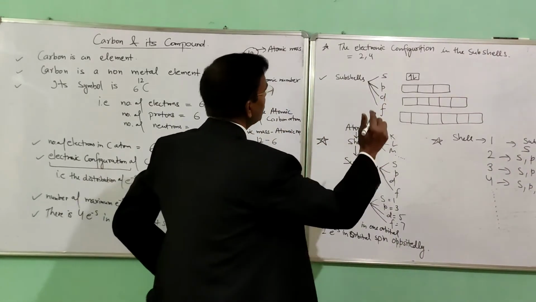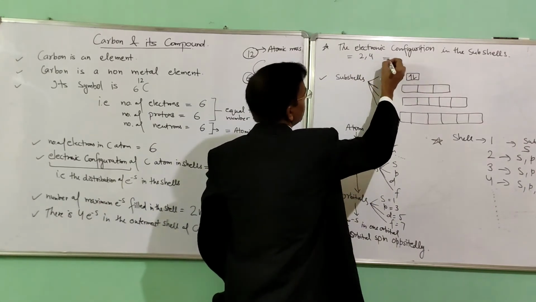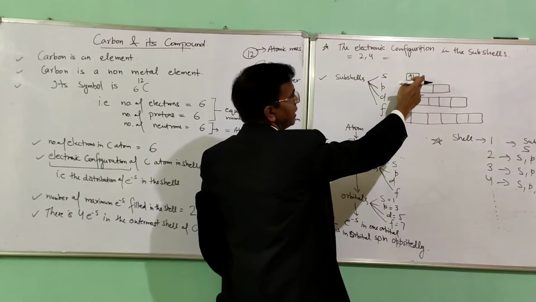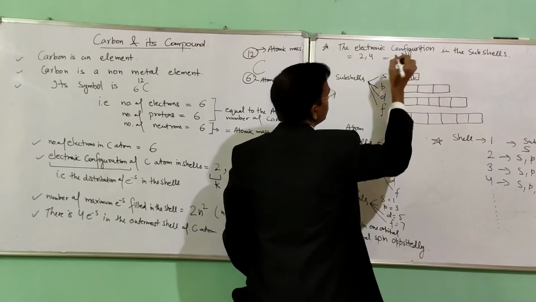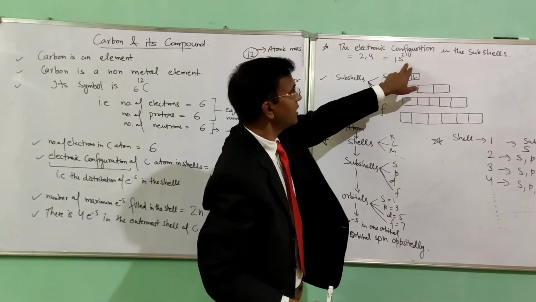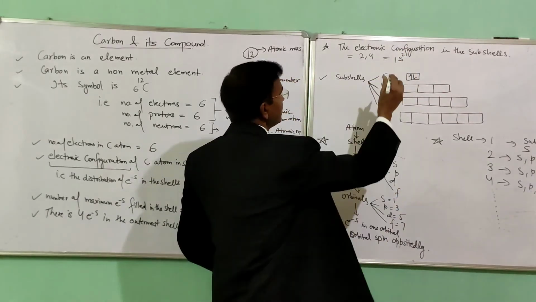So the electronic configuration of the subshells: only S will be there, and S has 1 orbital and 2 electrons reside in it, so it is 1s2. 1 indicates the number of the shell, S indicates the subshell, and 2 electrons are there.